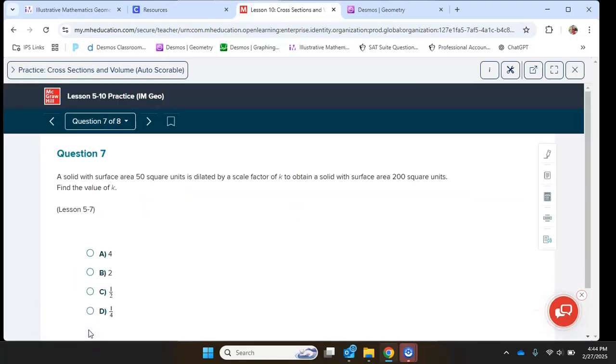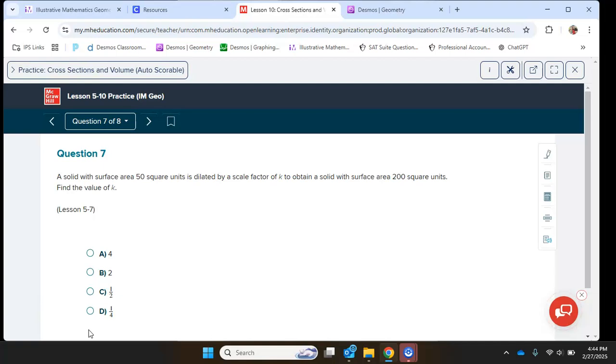Question 7. A solid with surface area 50 square units is dilated by a scale factor of k to obtain a solid with a surface area of 200 square units. Find the value of k.